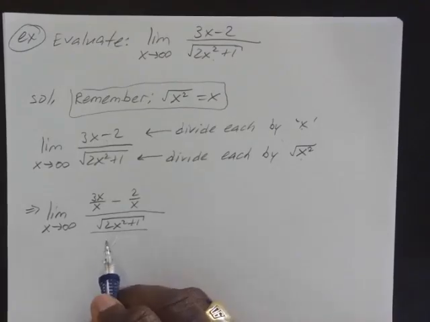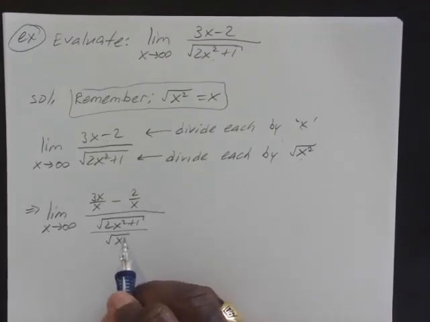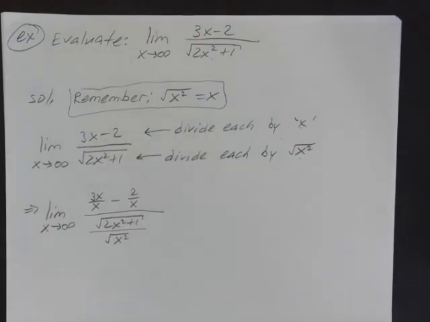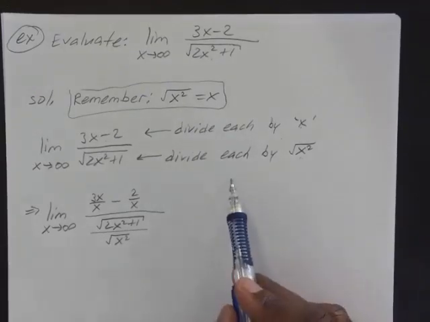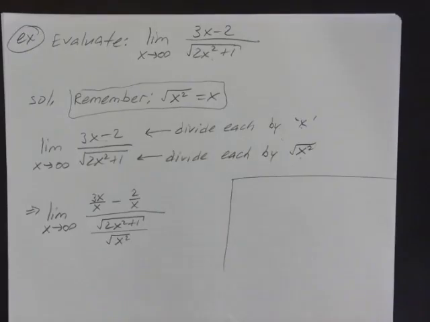We're going to divide that whole thing by the square root of x squared. Now, the only reason I didn't immediately divide both of those by the square root of x squared is because I didn't want to skip any steps.